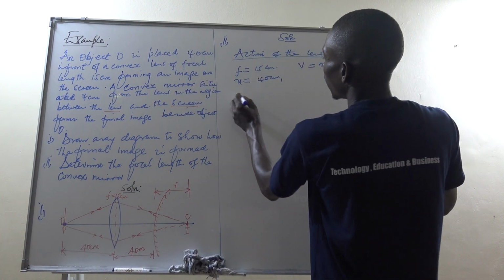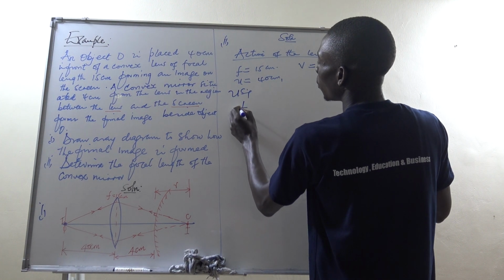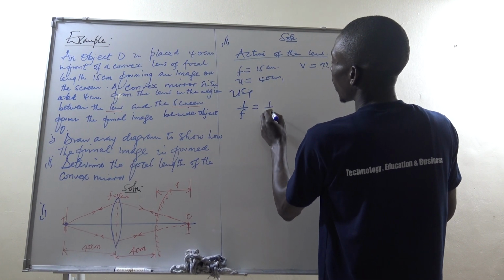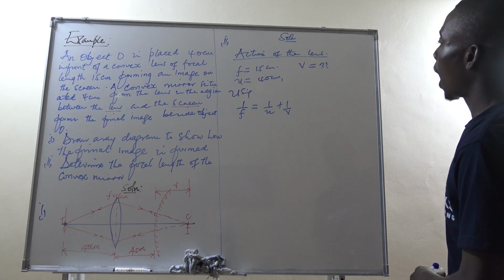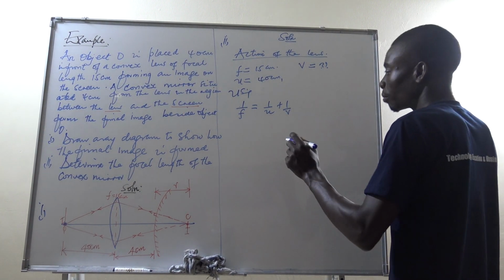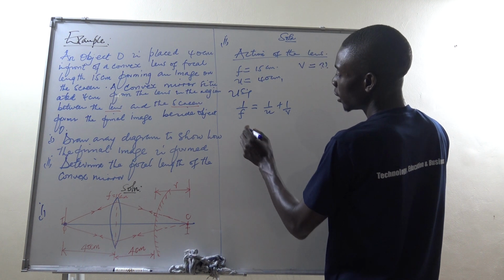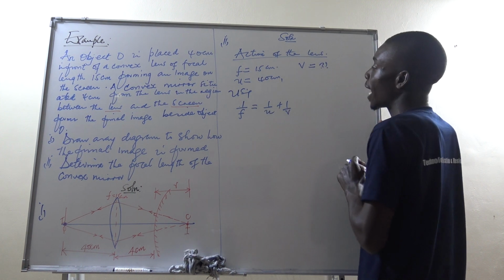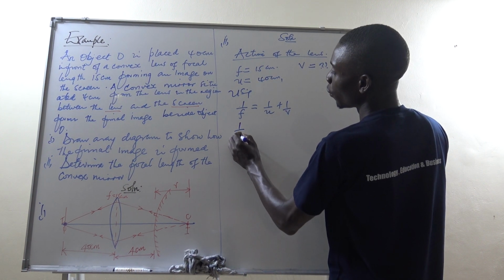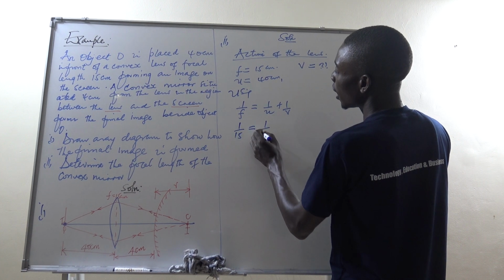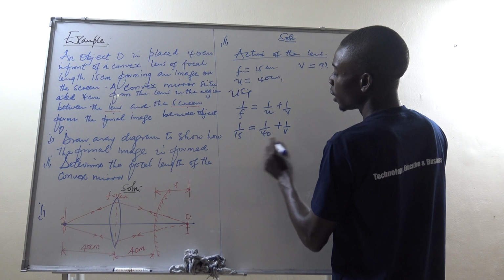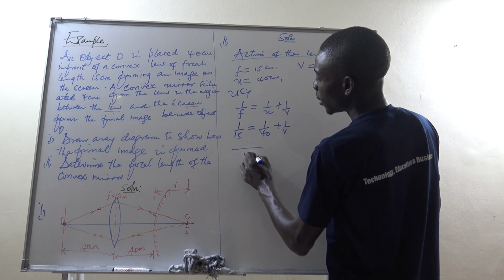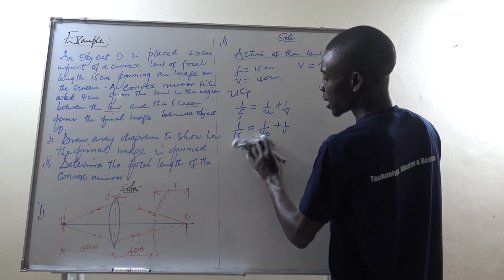So we shall say, using this formula here, it also applies to lenses, as we shall look at in our upcoming sessions or subunit in light. So we shall say, if we are using this for the lens, 1 over 15 is equivalent to 1 over 40 plus 1 over V. I can subtract on the other side.